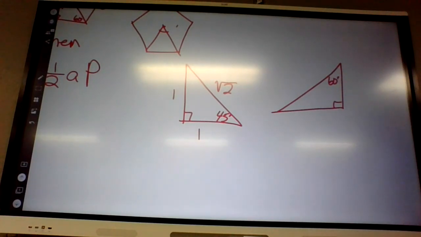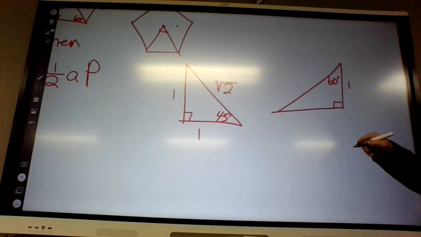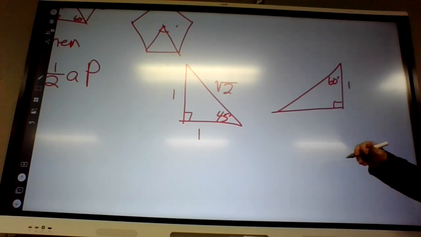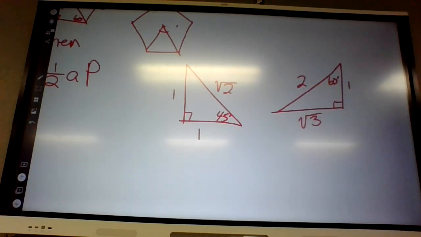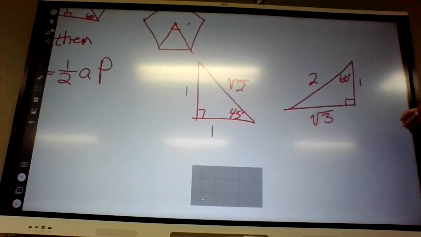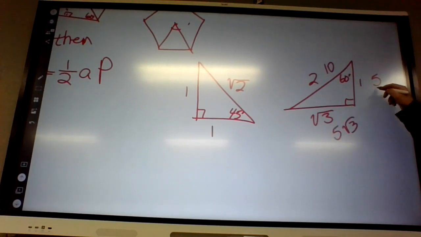What's the ratio of the sides? Let's start with the short leg. Which one's square root of 3? Bottom. That's right. Okay, anyway, so that means like if this was actually 5 long, this would be 10 long, and this would be 5 square root of 3, as an example.